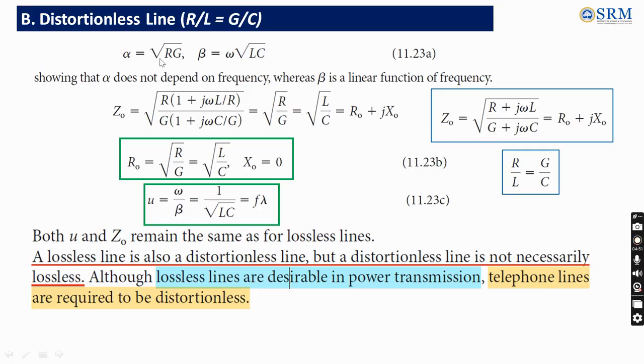From this relation we can find that attenuation is independent of frequency, but the phase constant is a linear function of frequency. This is the condition we have applied for a distortionless line.